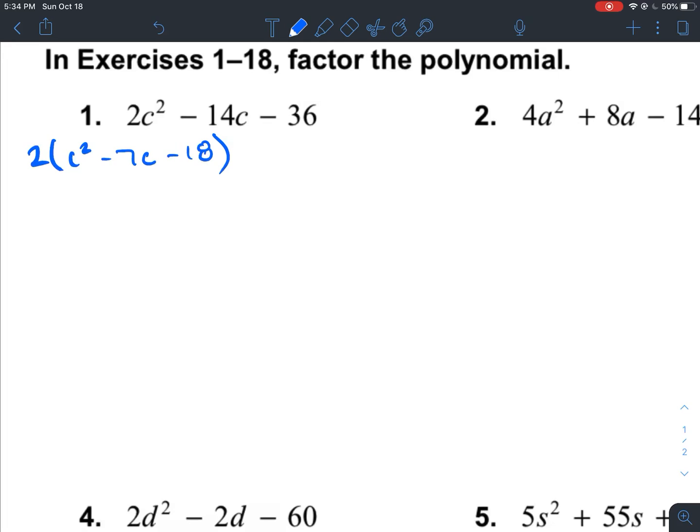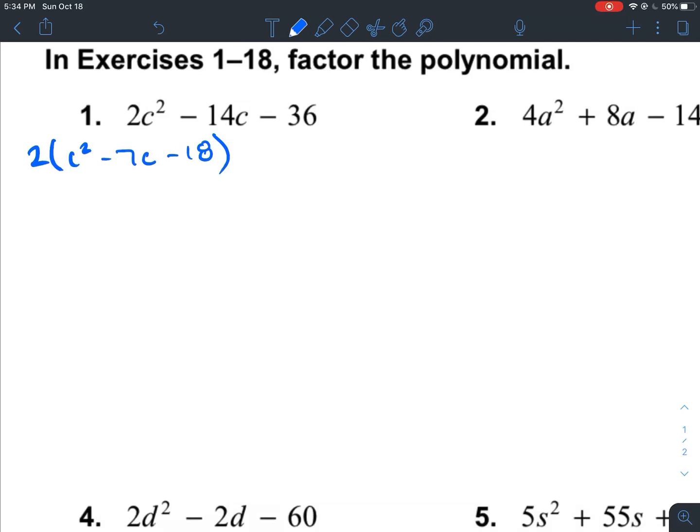So notice here now that we have this 2 multiplied by this trinomial of degree 2, which no longer has an a number out in front. So now we can continue as we would before. Just remember that we have a 2 that's being multiplied by our polynomial.